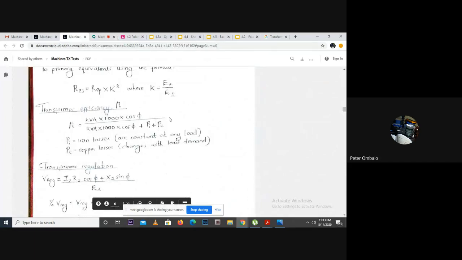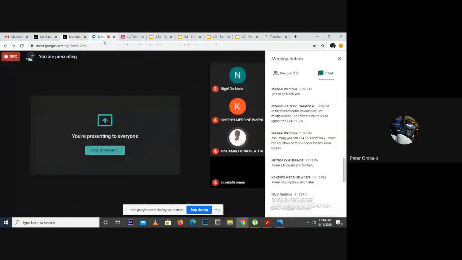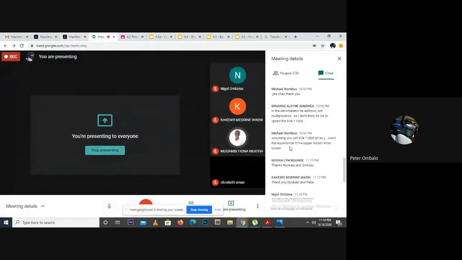So when you're calculating efficiency using this formula, Michael's question was, can we just cancel this part and this one here because they're the same? But since there's an addition here, we cannot just cancel them like that. It will give a totally different answer. As in, this is not equal to 1 over pi plus pc because you can't cancel these two. There's an addition in the denominator. So it will change the whole meaning once we cancel the two. Sorry about that, Michael. And thank you, Alvin, for the clarification.